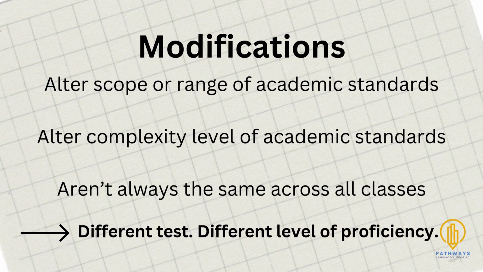Instructional and testing modifications alter the scope or range of academic standards, as well as alter the complexity level of the academic standards. In addition to altering the scope, range, and complexity level of the academic standards, they aren't always the same across all classes, just like accommodations.